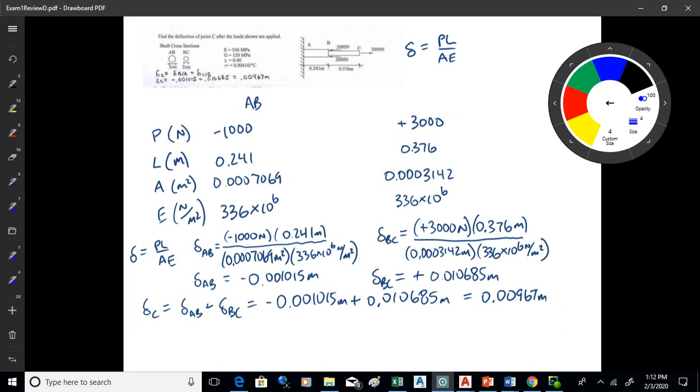Delta BC is positive 0.010685. Add the two together, and I get the net delta, 0.00967. Right there. So that's the approach to that.